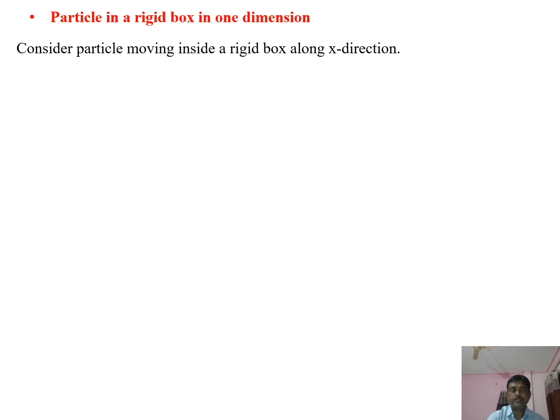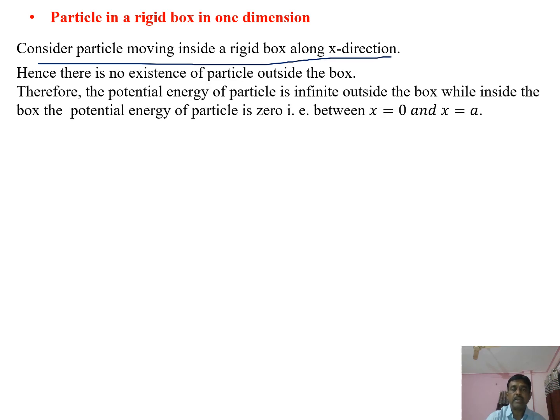We know that in quantum mechanics, a rigid box means a system in which the potential energy is zero within a closed region and infinite everywhere else. Consider a particle moving inside a rigid box along the x direction.